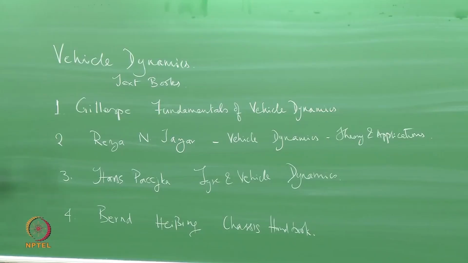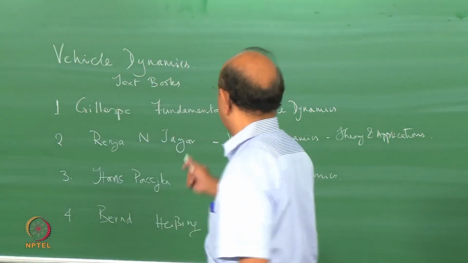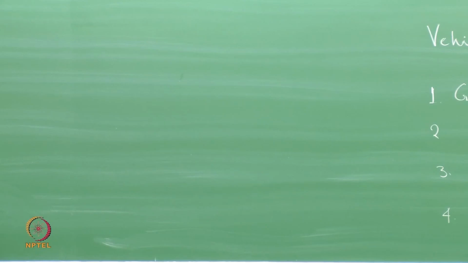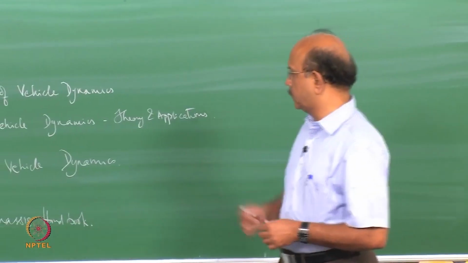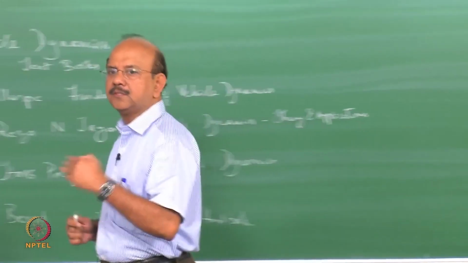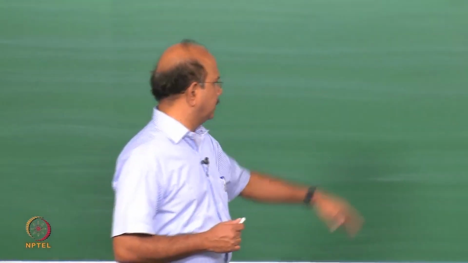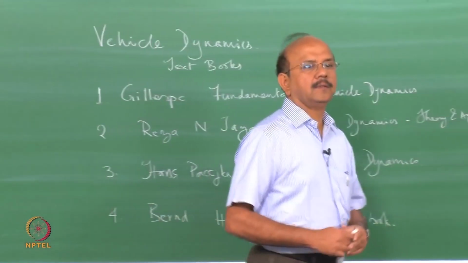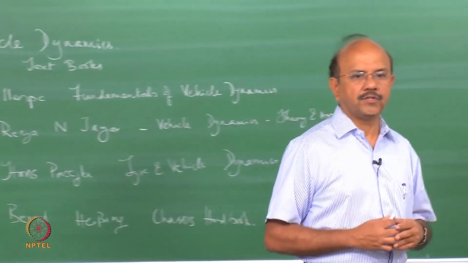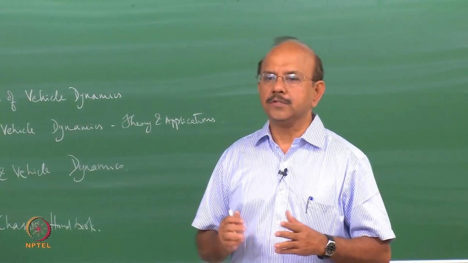The textbooks are Gillespie, Fundamentals of Vehicle Dynamics, a very well known textbook in this field; Jazar, Vehicle Dynamics: Theory and Applications, a Springer book; Hans Pacejka, Tire and Vehicle Dynamics, slightly advanced compared to the first two books; and Bernd Heißing, Chassis Handbook, where we'll take some data in order to illustrate the practicality of what we are going to see in this course.